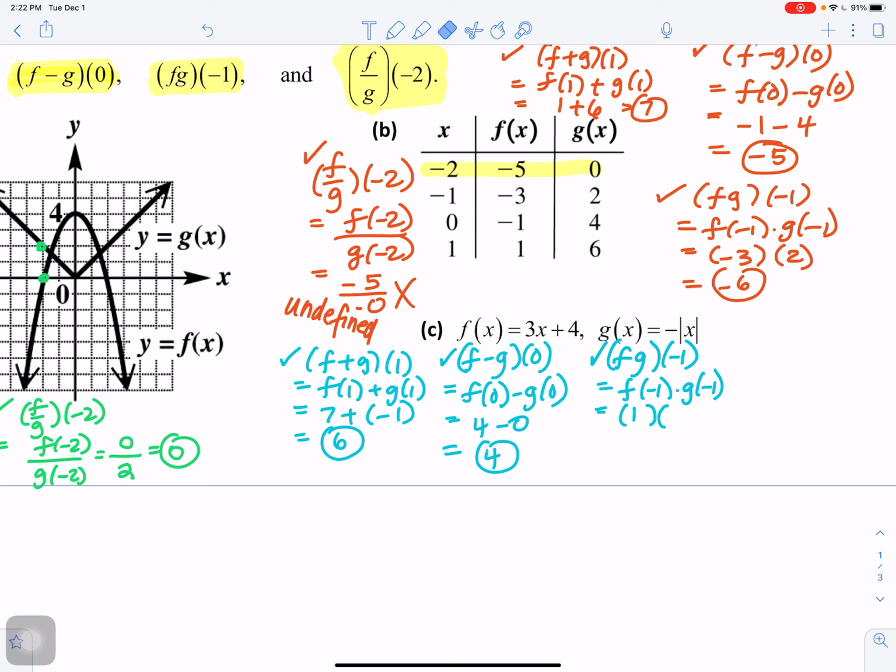And then g of negative 1. Now, this one we need to be careful with. G of negative 1 is the opposite of the absolute value of negative 1. But remember, the absolute value of negative 1 is a 1. And then we're going to take the negative. So this is a negative 1. And that answer would be a negative 1.